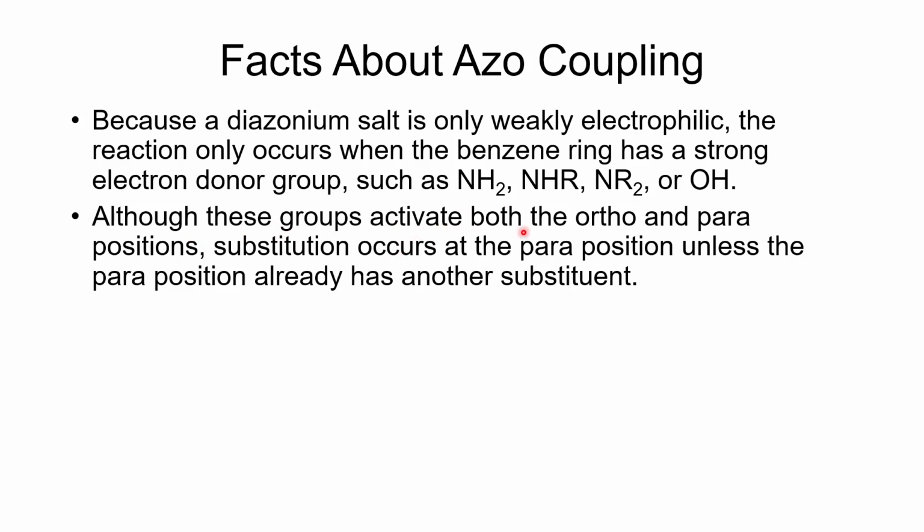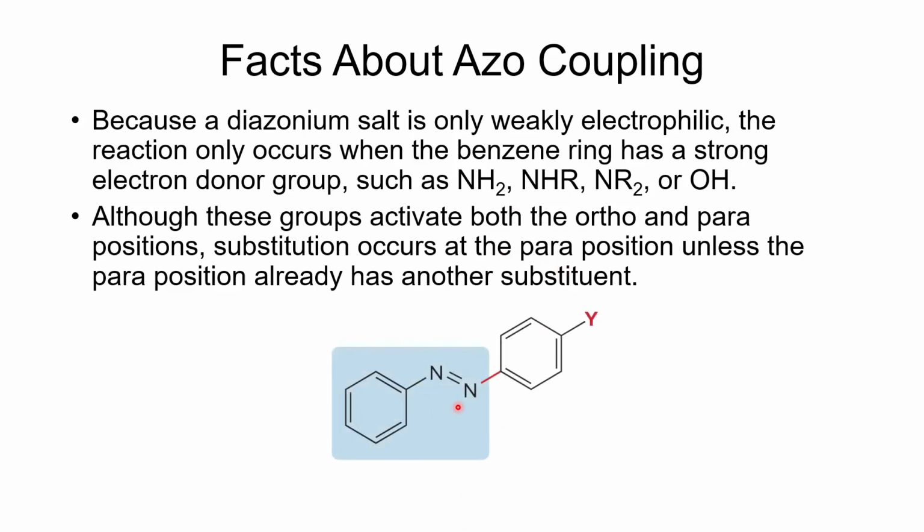Also, these groups tend to be ortho-para directors, but because of the size, we mostly get the para substituent. The only way we don't get the para product is if there's a substituent there already. That's convenient because you get limited stuff to separate out.